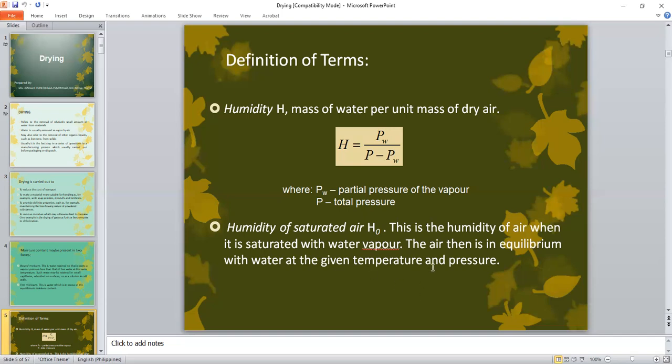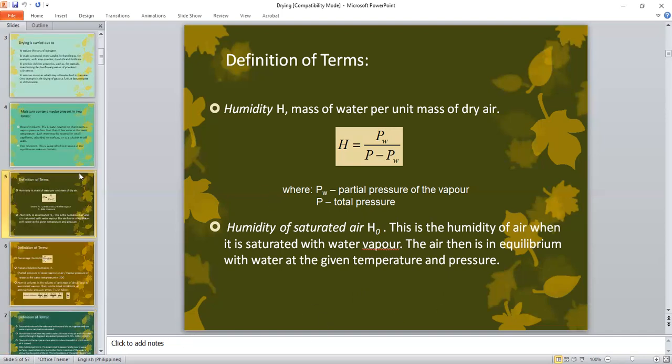In this condition, we can say that the air is in equilibrium with the water at the given temperature and pressure. So our humidity is H sub O when your air is in what we call the saturated condition.